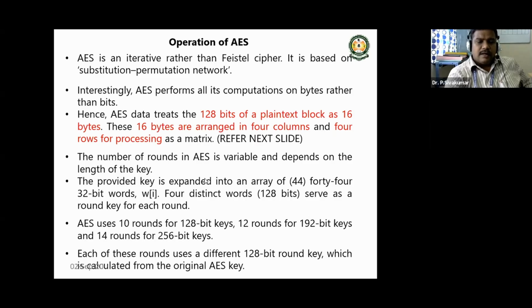So another representation: normally byte to byte only we represent your data. Data means the input text. Okay. So that is 128 bit. Next one is the key, also 128 bit. That particular key is normally expanded in array format. Expanded into an array of 44 32-bit words.